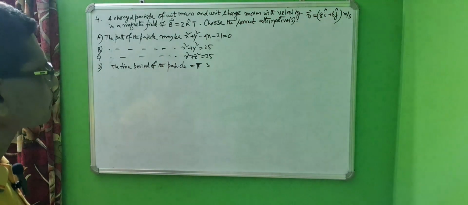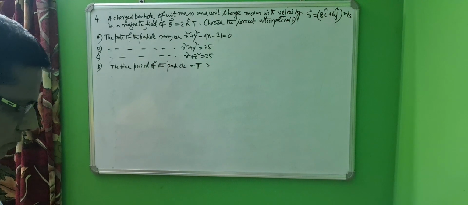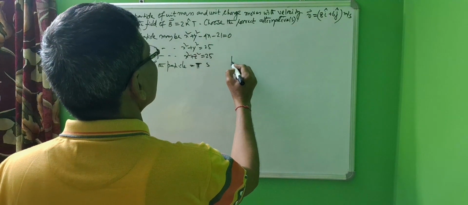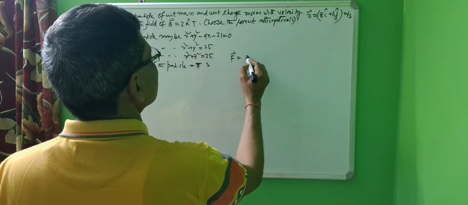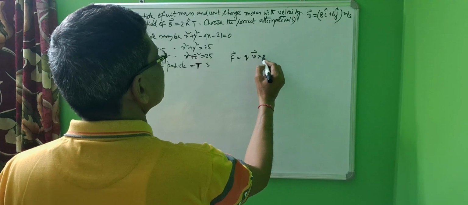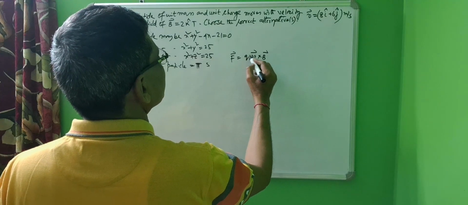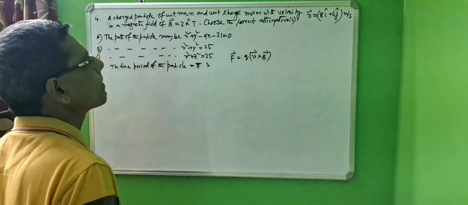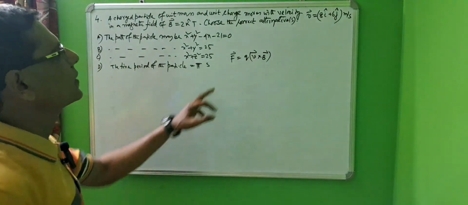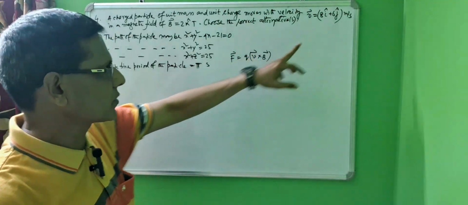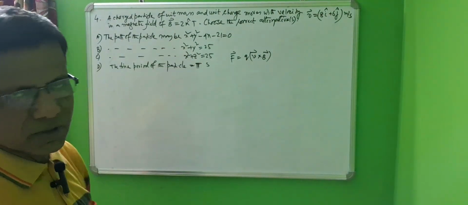So let us do our duty. We know F equals Q V cross B. Why is it written in the vectorial notation? Because V is in vectorial notation and also B is in vectorial notation.